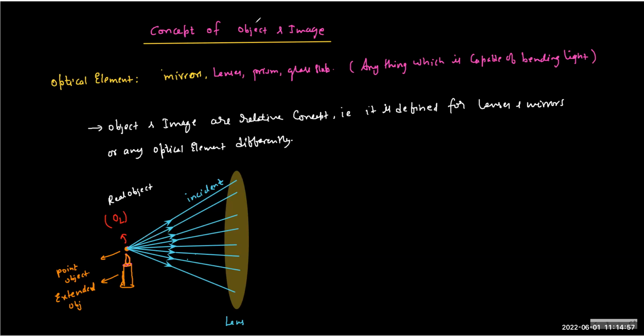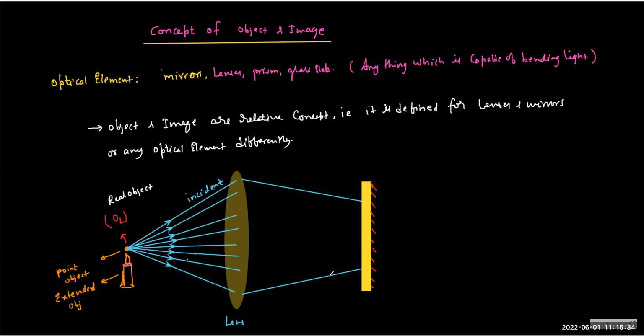So imagine that after the refraction, the light ray is going this way. I'll just take two. But in the path, you bring a mirror. So can we repeat the real object definition again?